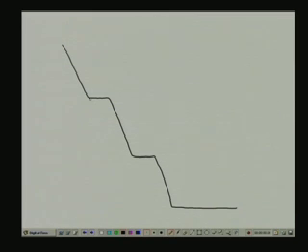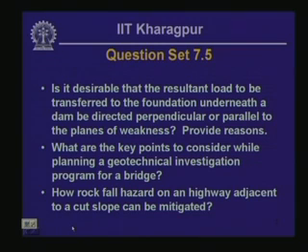And what is done, these benches are sloped away from the road cut, so they slope in this direction. That actually tends to retain the falling debris. So these are the different options that you could think of while designing a highway adjacent to a rock slope which has got some rockfall hazard associated with it.